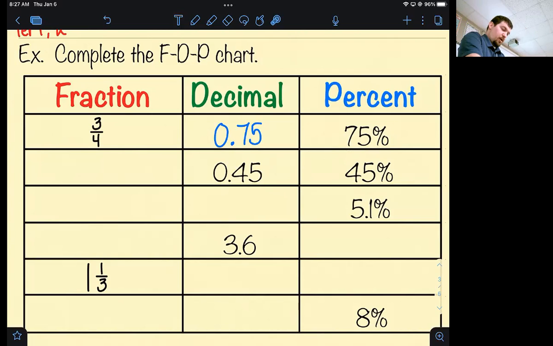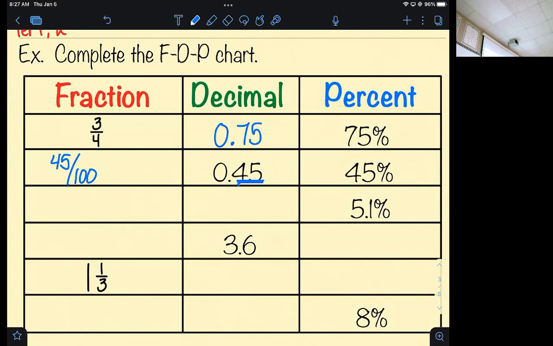What about the next row? We're missing the reduced fraction. Frank, do you have the reduced fraction for 0.45 or 45%? 9/20 is correct. So to turn a decimal into a fraction, you take the numbers after the decimal point, the 45, and you put it over its place value, which we said yesterday, 2 decimal places means 100. 1 decimal place, 10, 3 decimal places, 1,000, and so on.